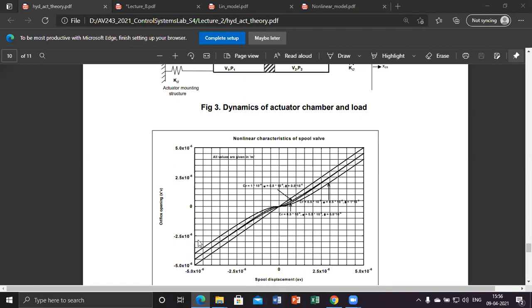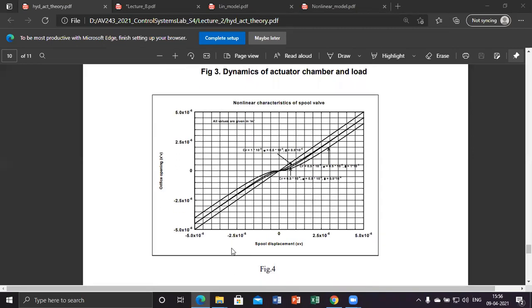Spool displacement and orifice opening. Spool displacement is here XV and XV dash is put. So you take this as YV and this as XV, because this diagram is taken from one of our launch vehicle technical reports. So I could not change the symbols.